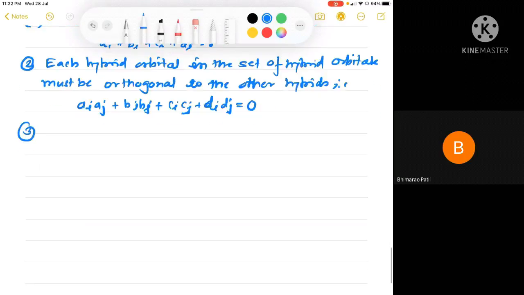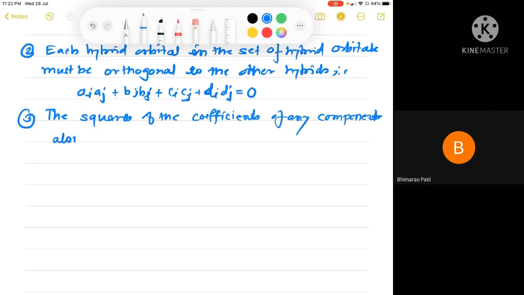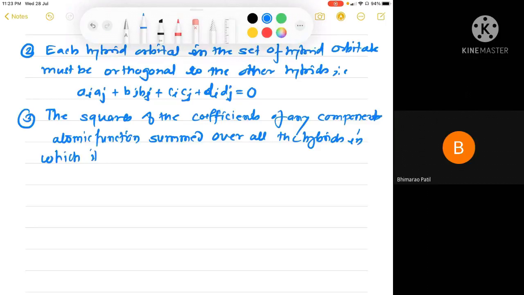And the third point is that the square of the coefficients of any component atomic function, summed over all the hybrids in which it participates, must be equal to unity.